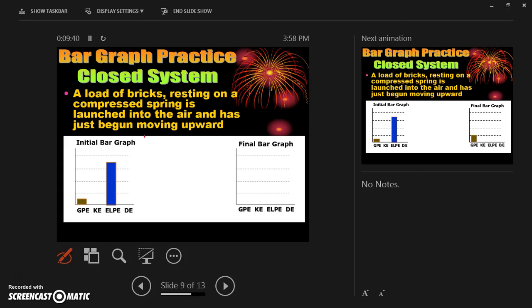Now in the final scenario, the words indicate that the bricks have just launched into the air and just begun moving upward. So now the spring has sprung and there is no longer energy stored within the spring. So since it's popped open, now it's a little bit higher off the ground. So we'll increase the GPE to say 1 bar.